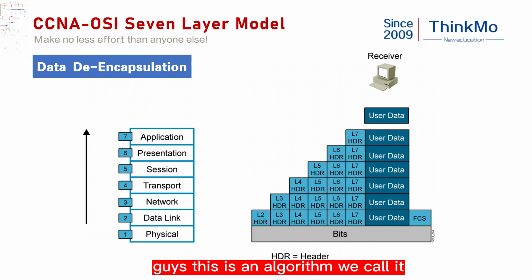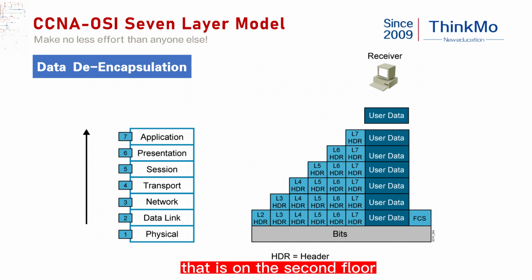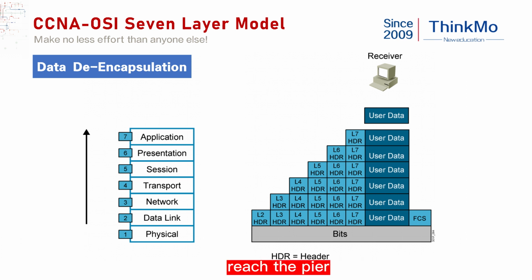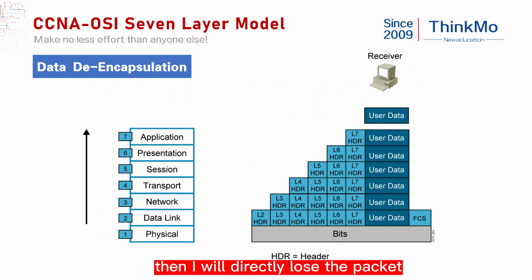This is an algorithm that, on the second layer, can verify data integrity. If the data reaches the peer, and when the peer unpacks to the second layer it finds data errors, then I will directly drop the packet and will not process it downward.